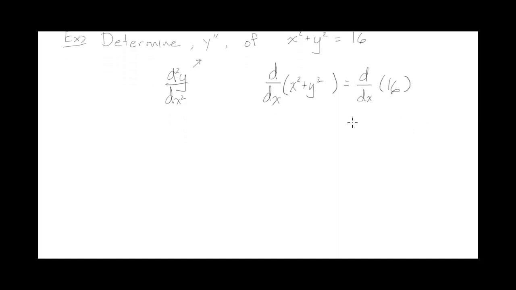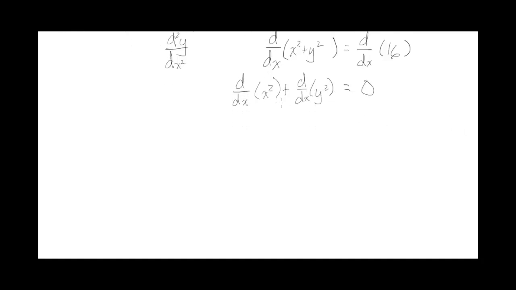On the right side, that's easy. d by dx of 16, that's a constant, so the derivative of a constant is always just 0. Now on the left side, you've got to use your sum rule, so it's d by dx of x squared plus d by dx of y squared.